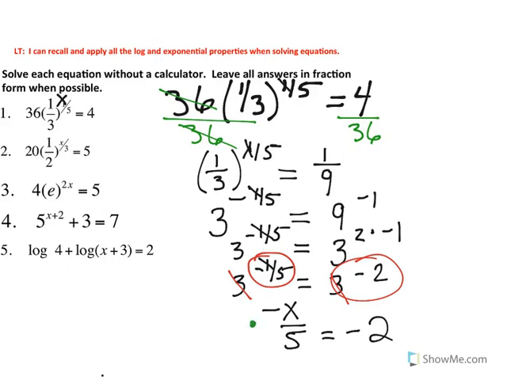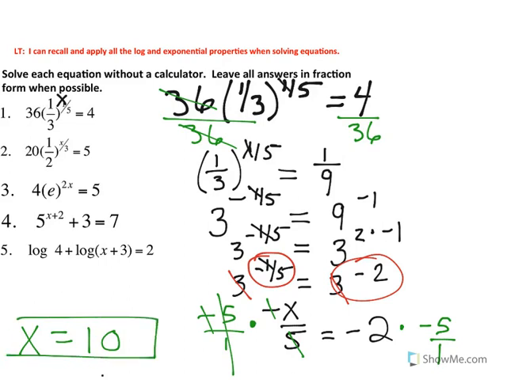The only way I can get rid of a fraction is by multiplying by its reciprocal on both sides. And so I'm going to multiply by negative 5 over 1 on both sides. And that makes my answer x equals positive 10.